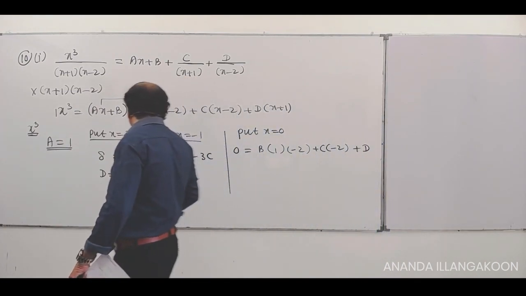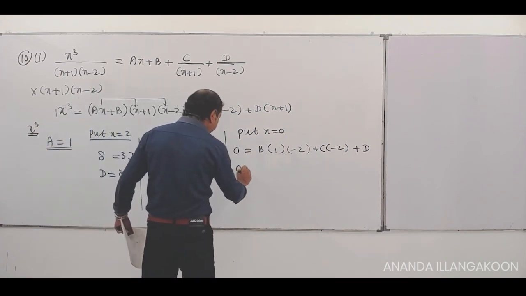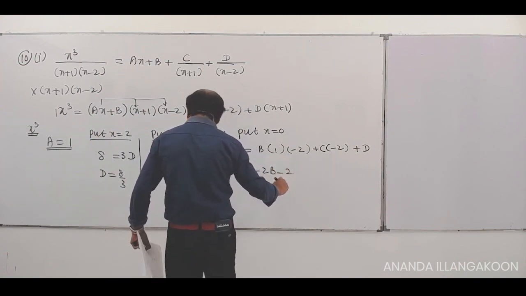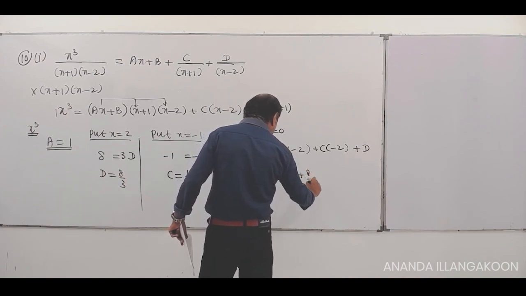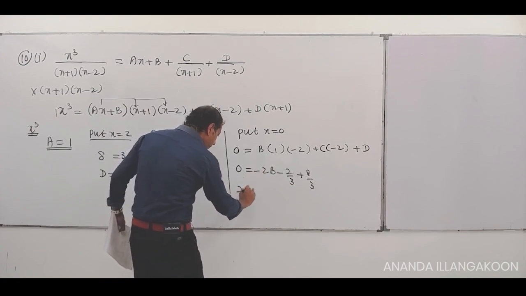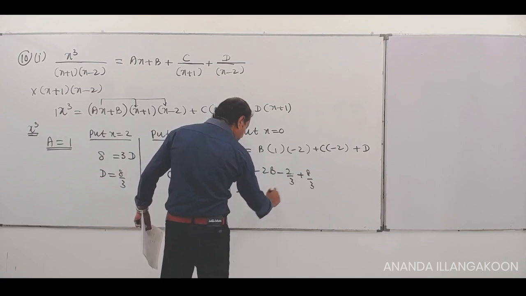You know a, d, c. Then we can substitute there. Minus 2b minus 2 times c, 1/3, plus d, 8 by 3. Bring this 2b to this side. Plus 2b equals 8 minus 2, 6. 6 by 3 is 2. So b equals 1.